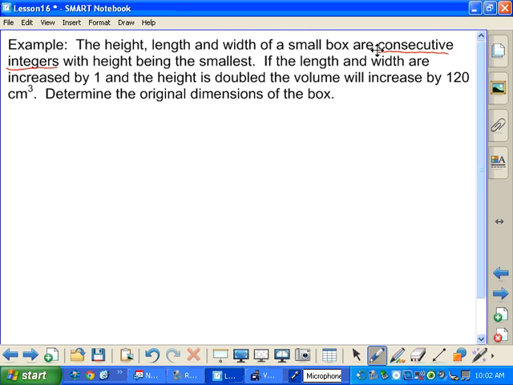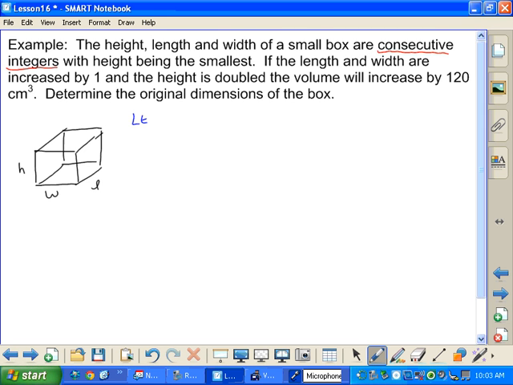So I'm going to give myself a picture of a box to start with here to help me visualize what I'm dealing with. So there is my box, and I know that I have length, width, and height. So height, width, length. And I don't know a value for any of them. So I'm going to do my let statements.